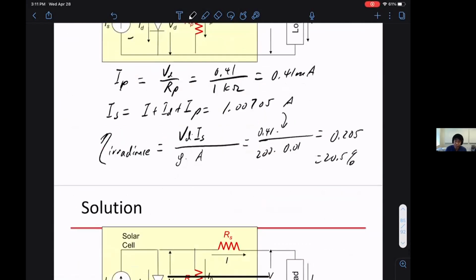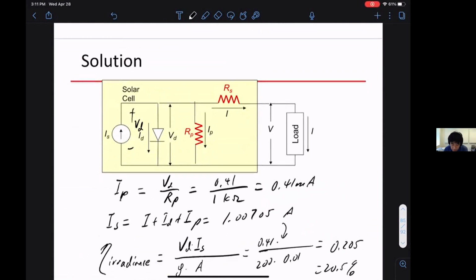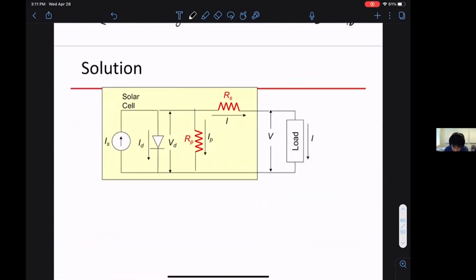So this is the irradiance efficiency. Now, of course, we also lose some power in the 2 resistors. But it turns out in the resistors, we don't lose all that much power, because the electric power loss is I squared RS loss plus IP squared times RP loss.